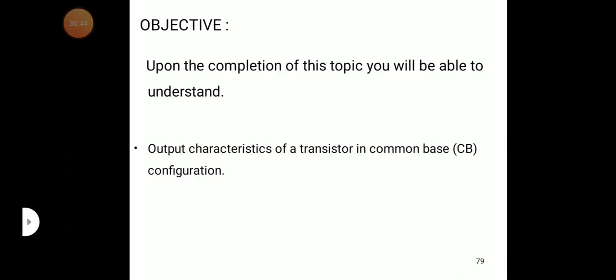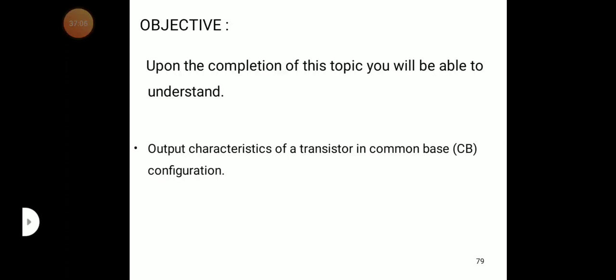When the collector to base reverse bias voltage increases, the junction goes into more and more reverse bias, so the depletion layer penetrates more and more into the base region.